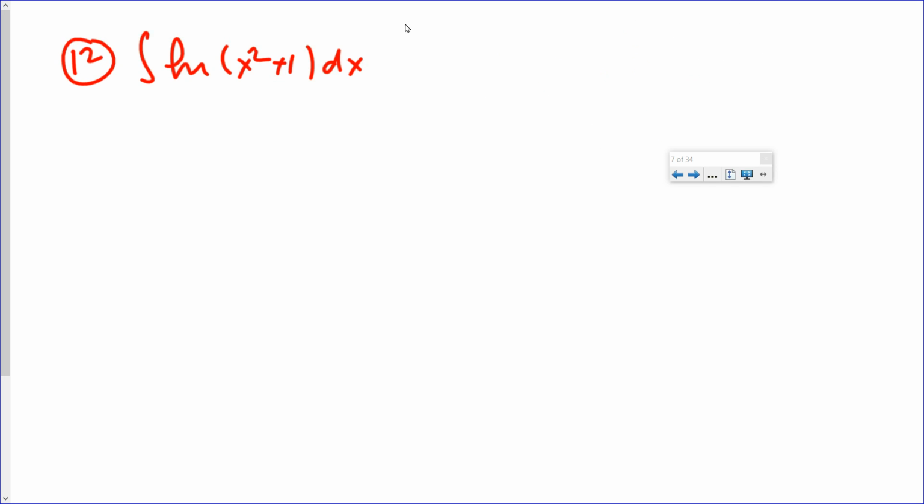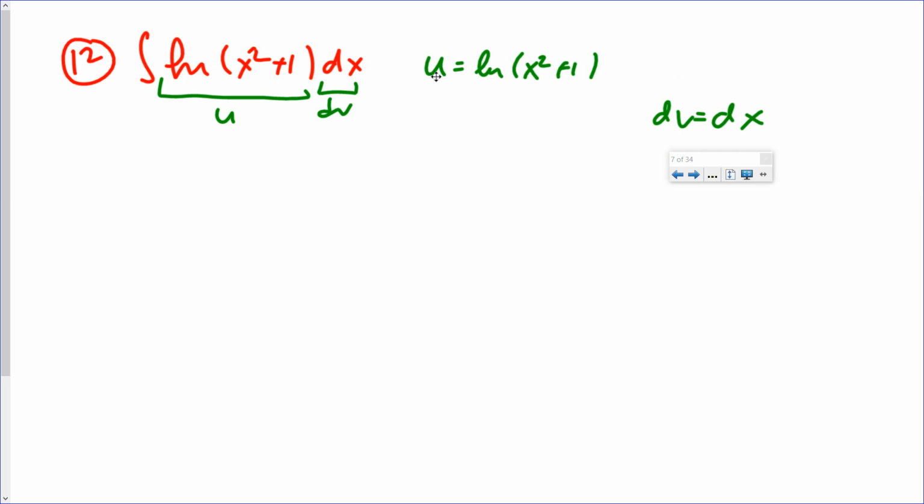All right, this problem is going to be integration by parts. This is going to be my u, and this is going to be my dv. So my u is equal to ln of x squared plus 1, and my dv is equal to dx. What's the derivative of ln u? u prime over u, right?